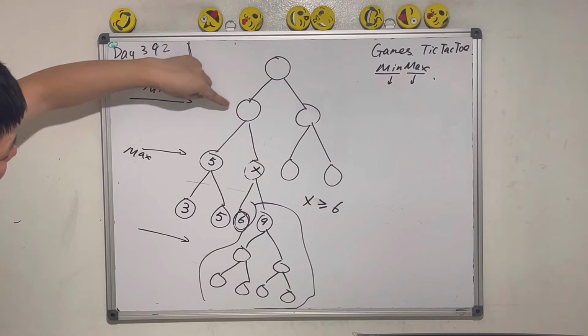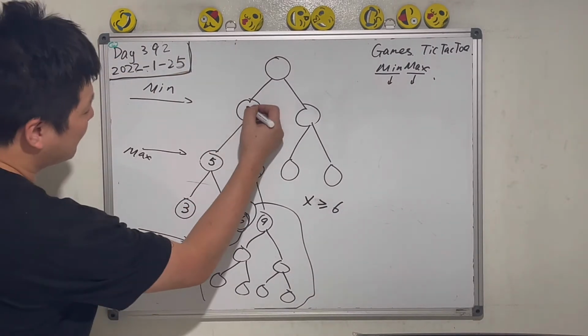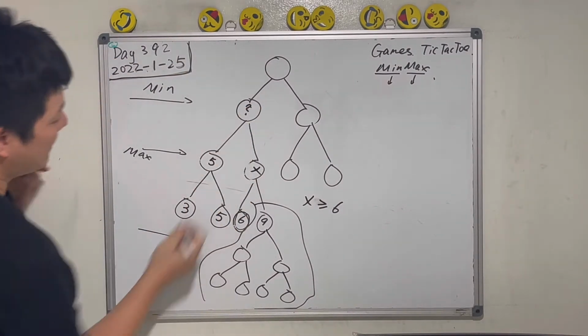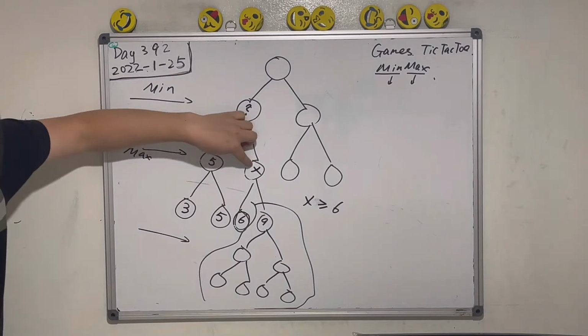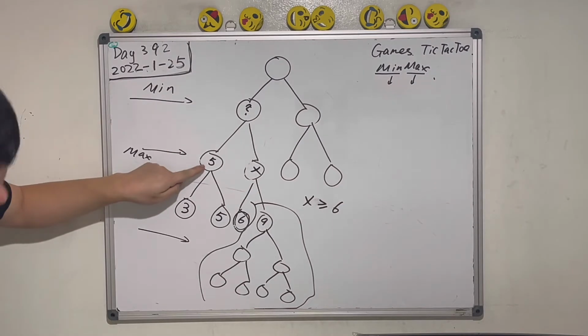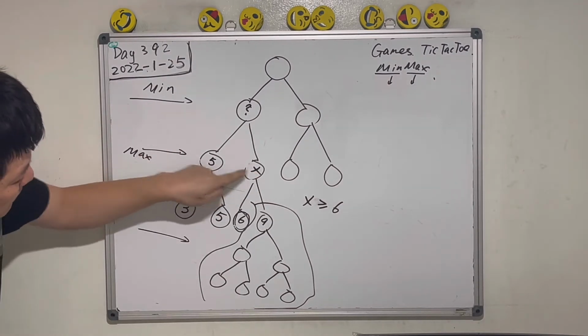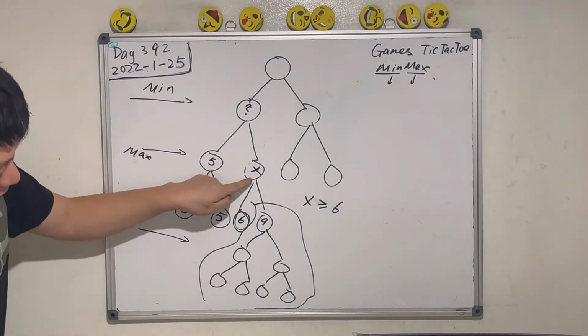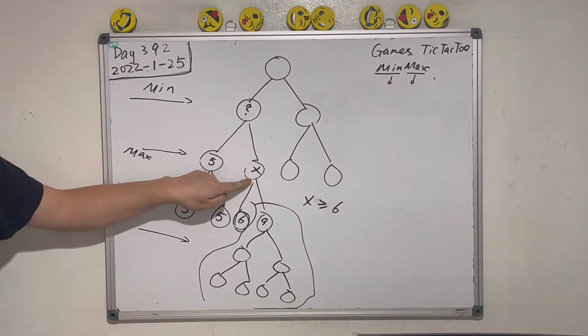Got it? Because at this level, this value here is the minimum of these two values. It's the minimum of 5 and x. But x is bigger than 6.